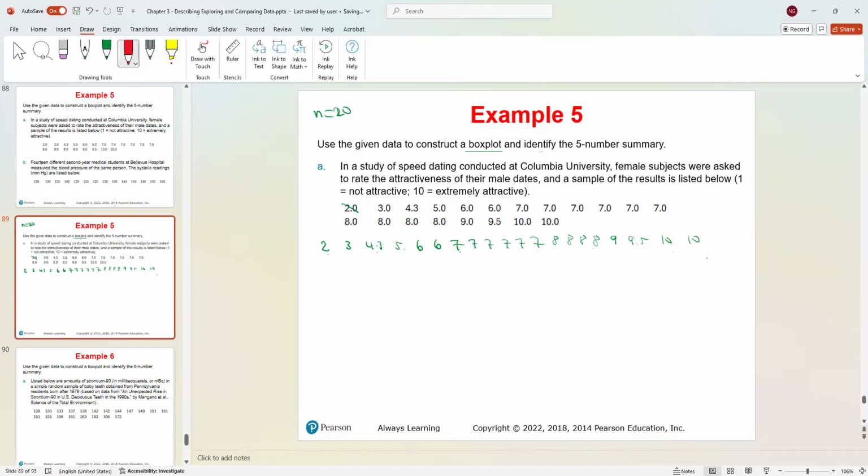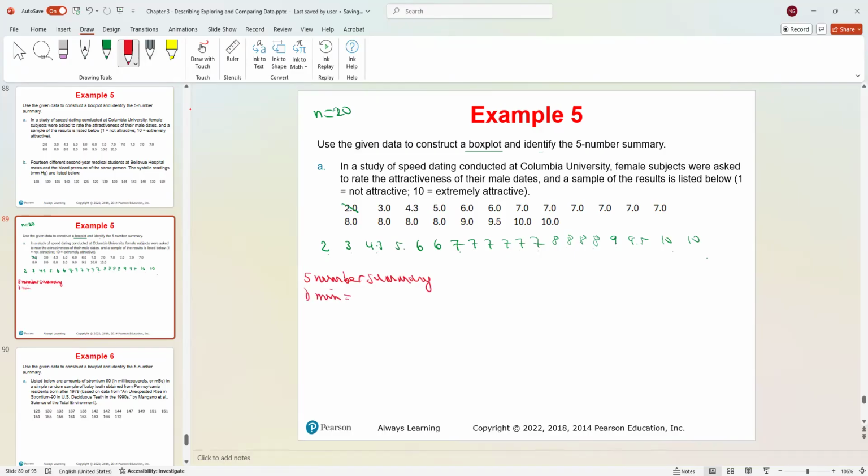First of all, we can identify the minimum. Let's call it the five-number summary. All right, so let's do the five-number summary. The first thing is to identify the minimum.